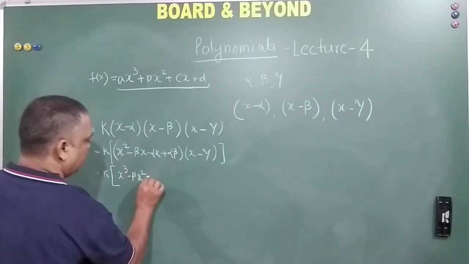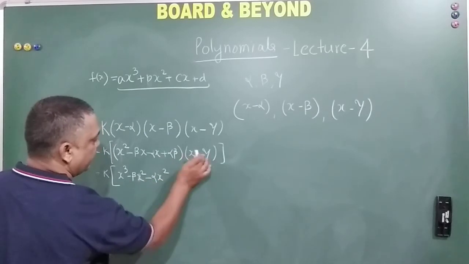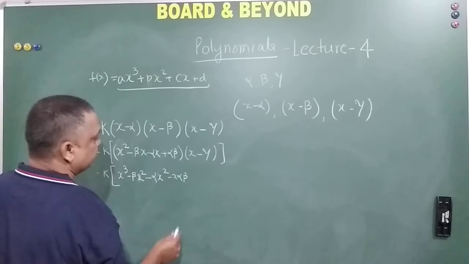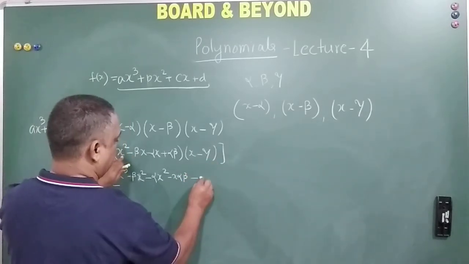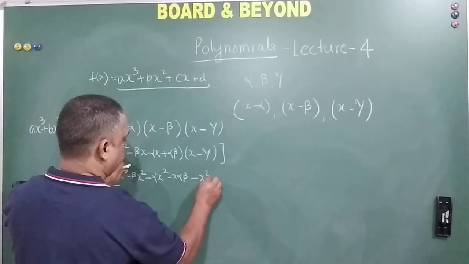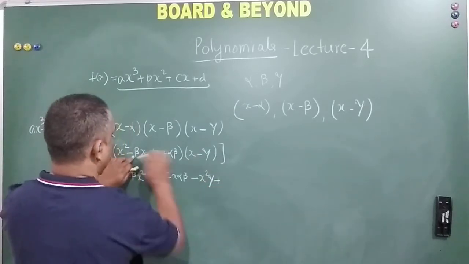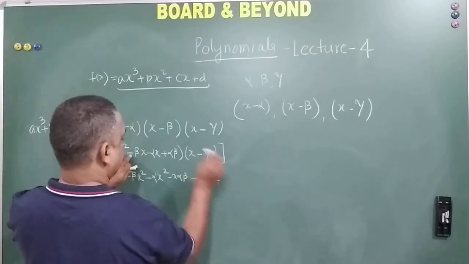This into this, minus alpha x square, minus x alpha beta. Now multiplying with this, minus x square gamma, plus this into this, minus into minus is plus, right?